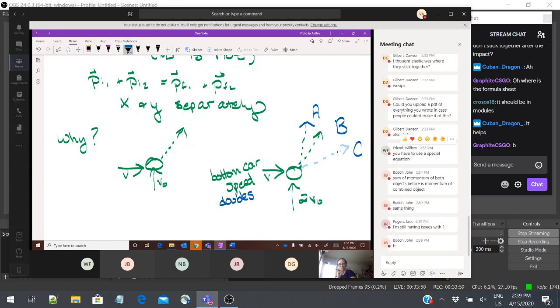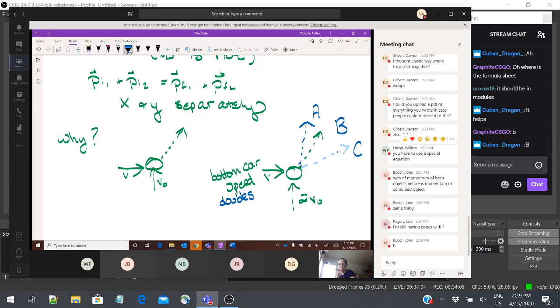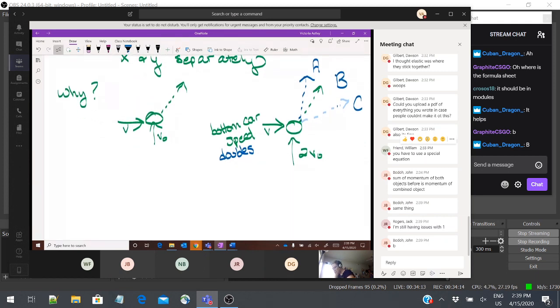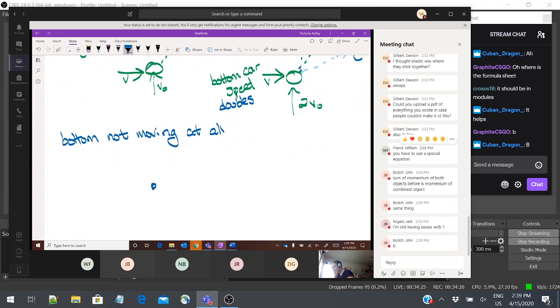It's going to do the same thing. If you had, okay, what if the bottom car is not moving at all? It's just sitting here, and then it gets hit from the side by the truck.